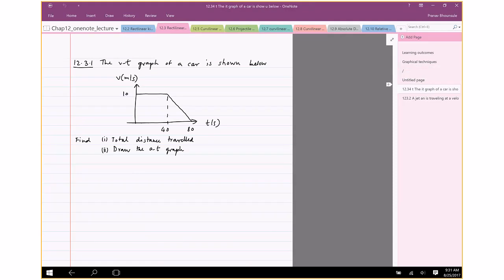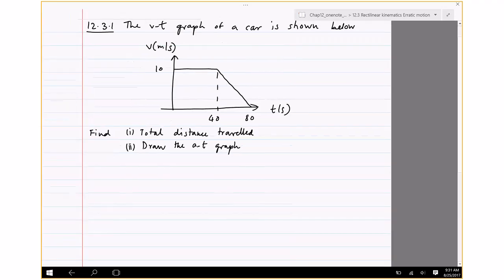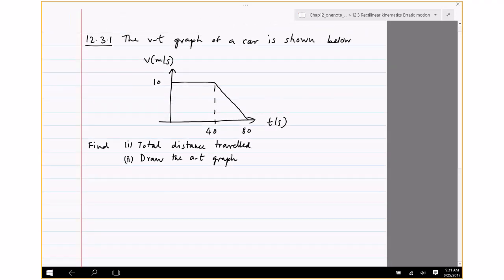Okay, so here is a problem for you. Let me read it. The velocity time graph. Not to confuse you, I'm going to write this as v versus t. The v versus t graph of a car is shown below.